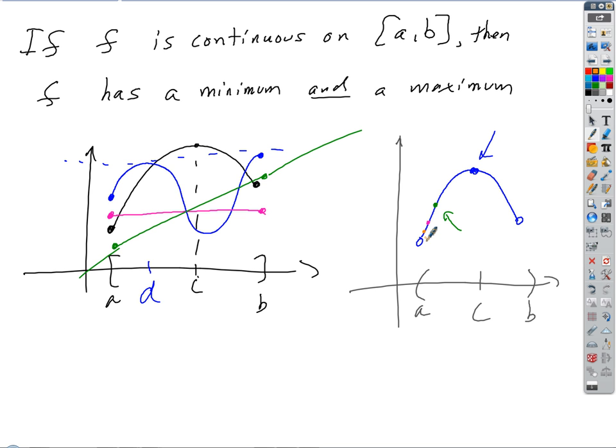The question is, why couldn't we just say the minimum occurs for the value just greater than A? Because remember, the minimum is defined by its y value, not its x value. That's the problem. Remember the example I gave you at the start of the year.